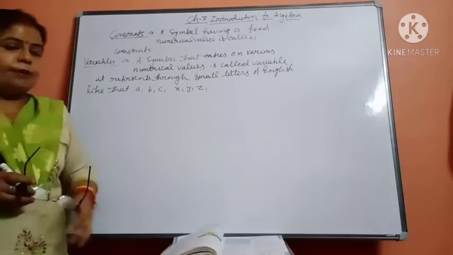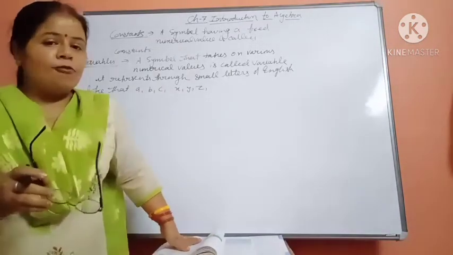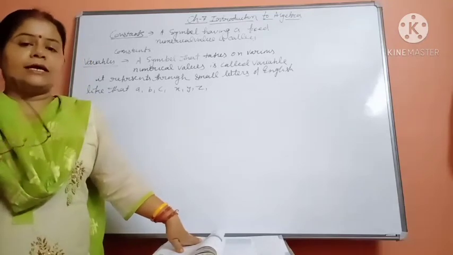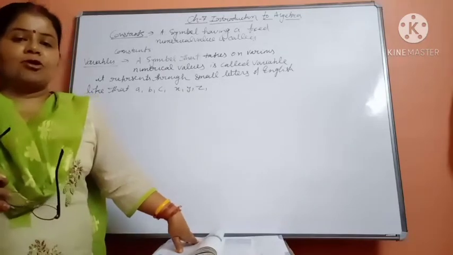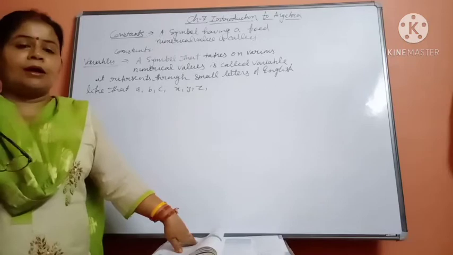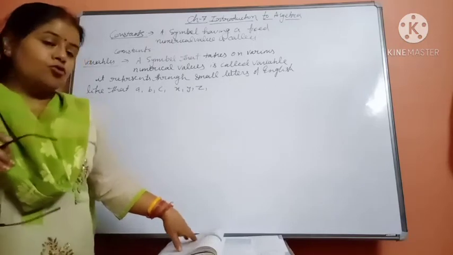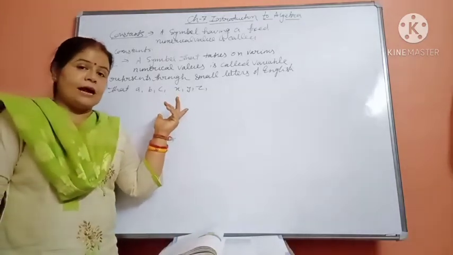Like, one example we are taking. Suppose in one matchbox I am keeping 5 matchsticks. The next time I increase it to 10 matchsticks. Again next time I increase the number of sticks till 15. So in this way you don't know how many matchsticks will be in that matchbox.